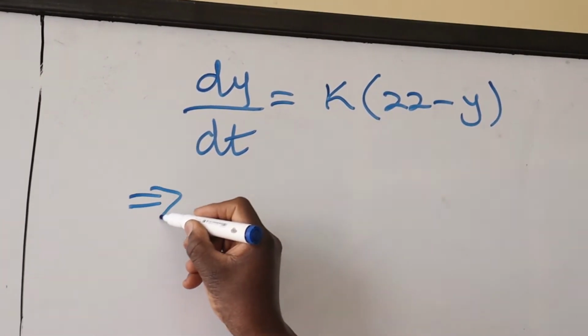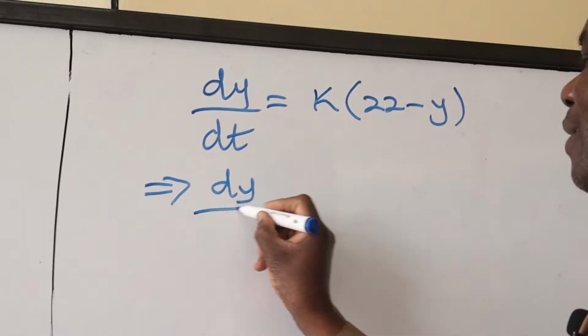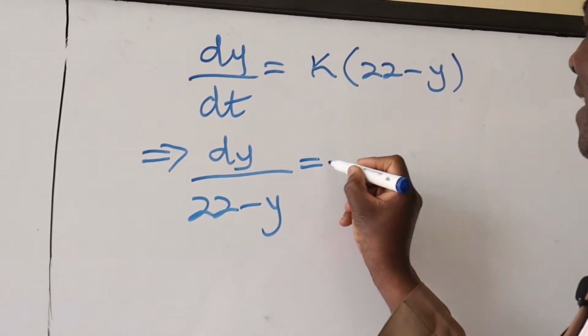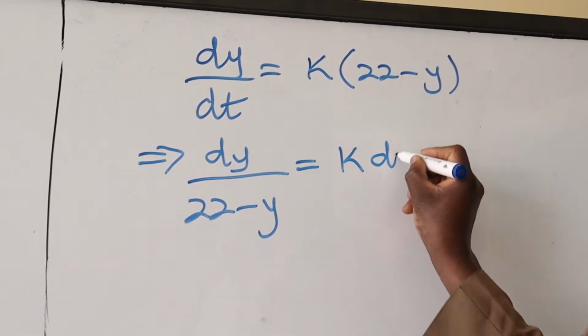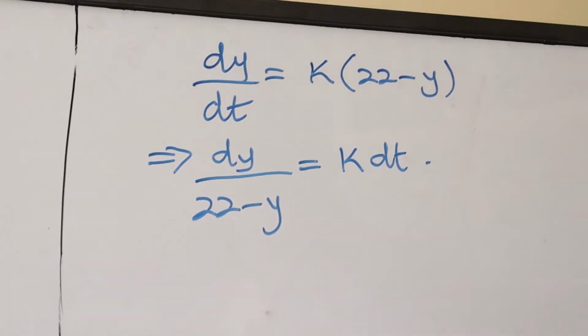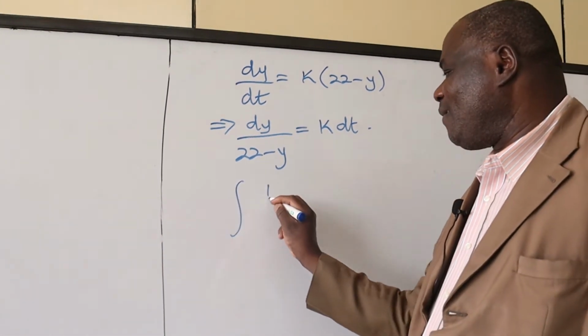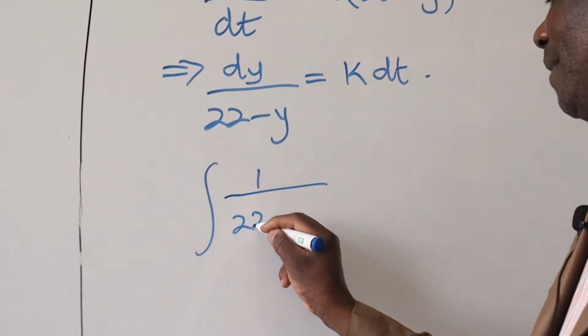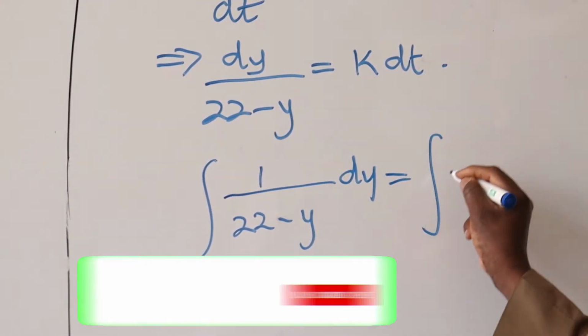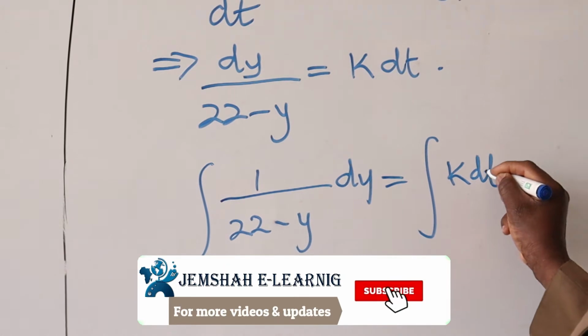This implies what? We can separate the variables here. dy over 22 minus y is equal to k multiplying dt. We have now separated the variables. So the integral of 1 over 22 minus y dy is equal to the integral of k dt.